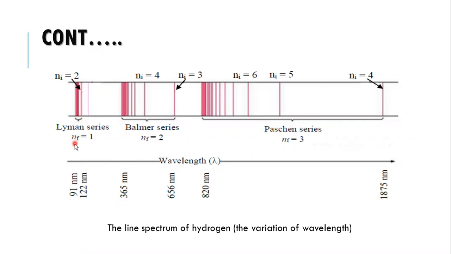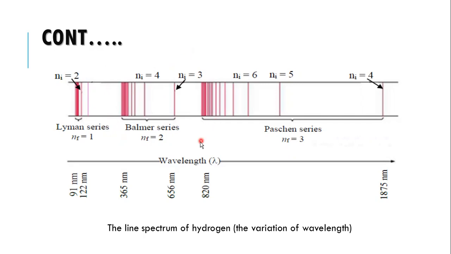When you say the Lyman series, nf is always 1, which is the orbit closest to your nucleus. But the ni, the electron is falling from the other orbits, it should be either 2, 3, like that. And when you take the Balmer series, nf is always the stable one, 2.